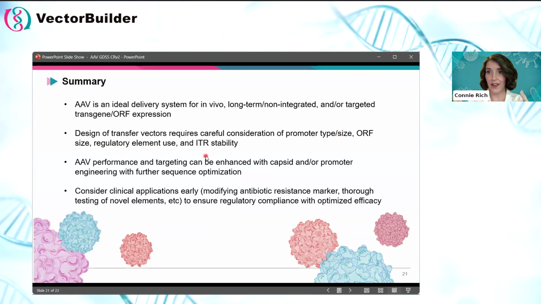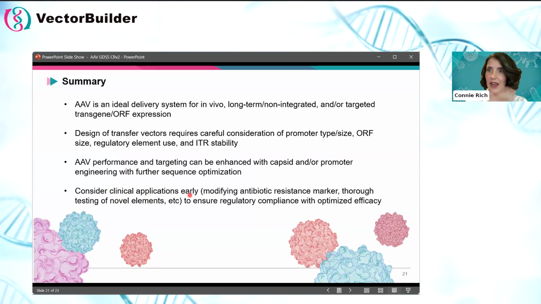So you can make a huge amount of optimizations, way more than we have time for today, including that capsid and promoter engineering. But there are a wide array of other options as well that we can talk more about. And I encourage you to consider clinical applications very, very early.